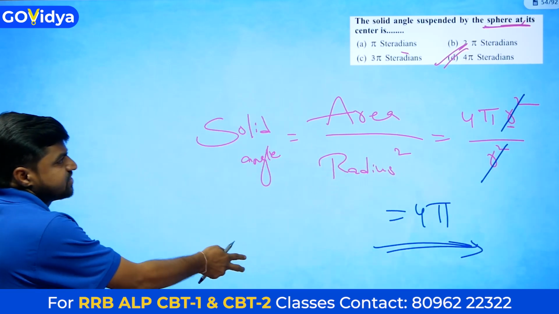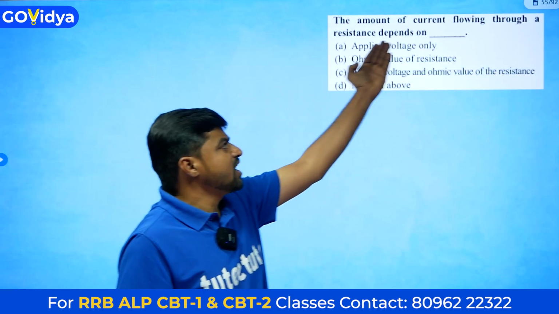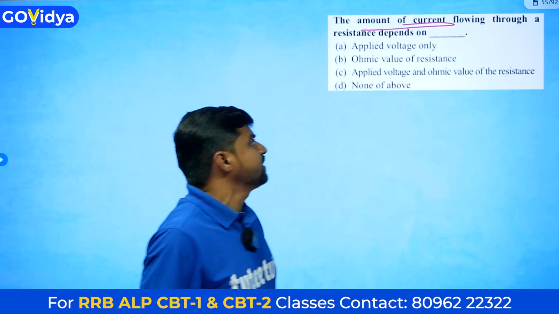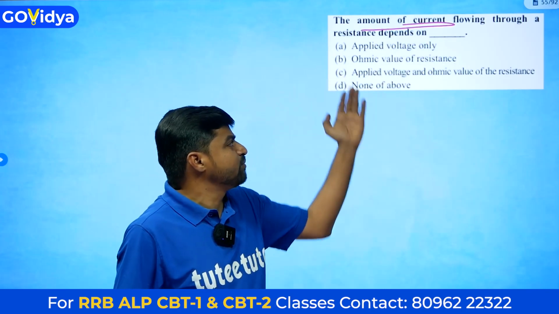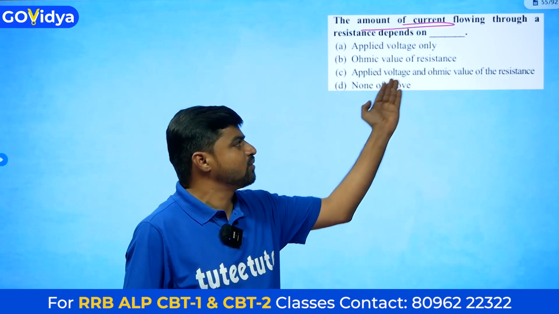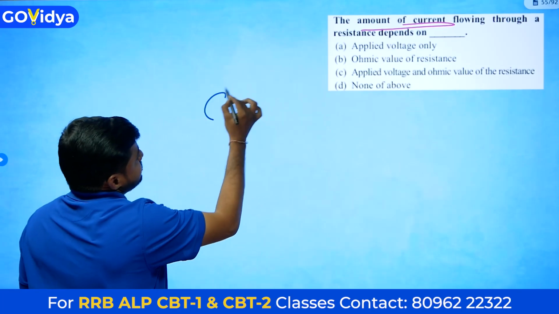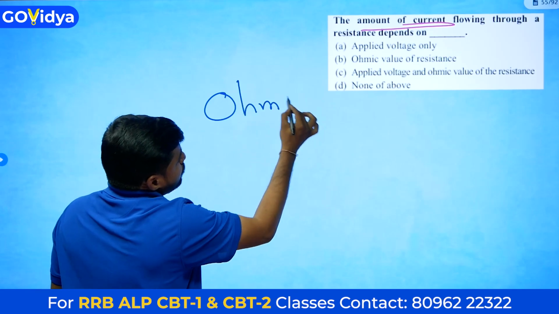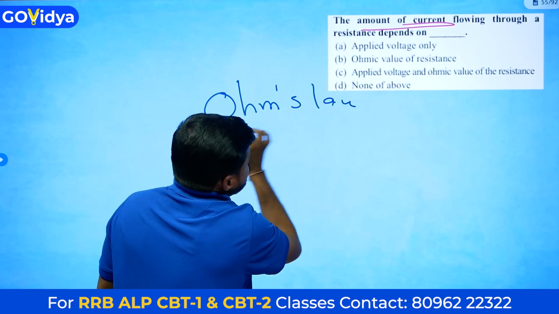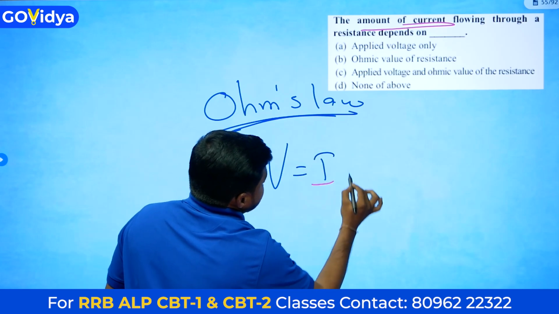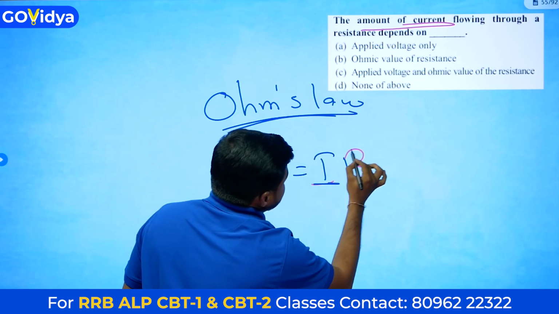Next question. The amount of current flowing through the resistor depends on applied voltage only, ohmic value of resistance, or both applied voltage and ohmic value of resistance. We have Ohm's law. What is Ohm's law? V is equal to I R. This is the current flowing through the resistor.